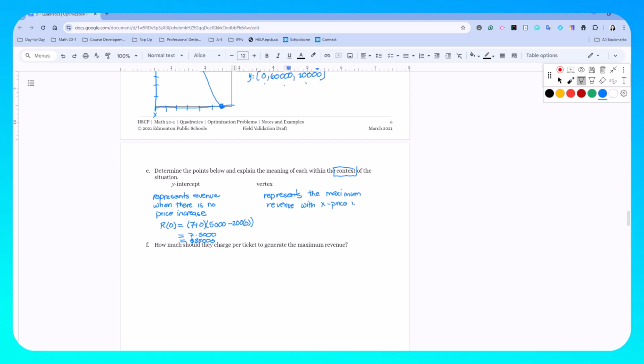So let's go ahead and figure that out. We're going to use our calculator for that one. And we're going to go second trace. And because it's a max, we're going to go for maximum. So let's go ahead and do that.